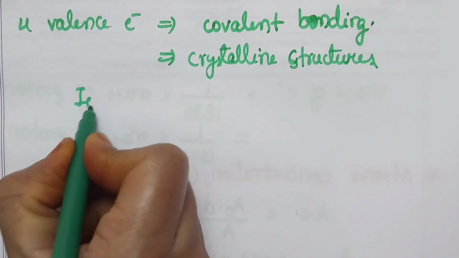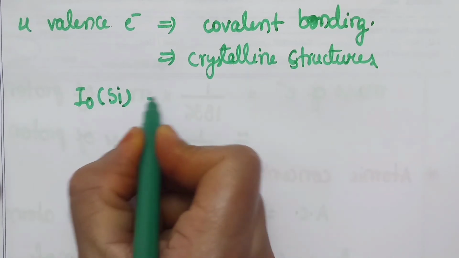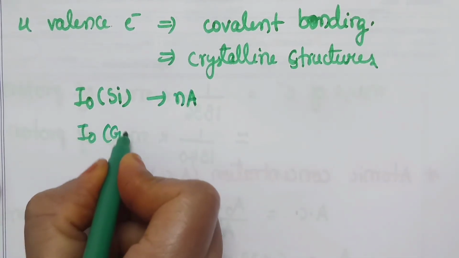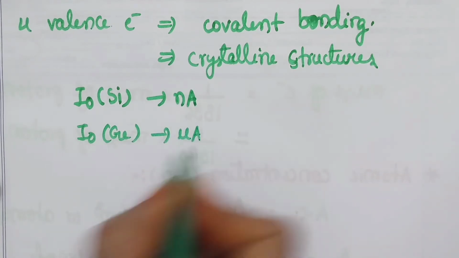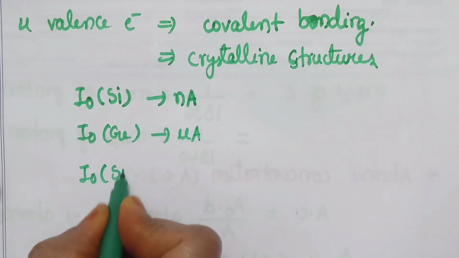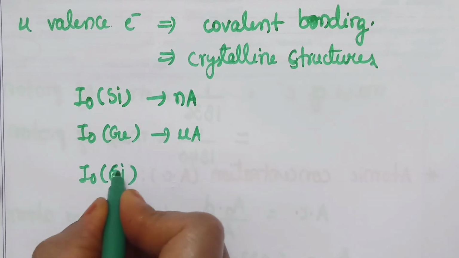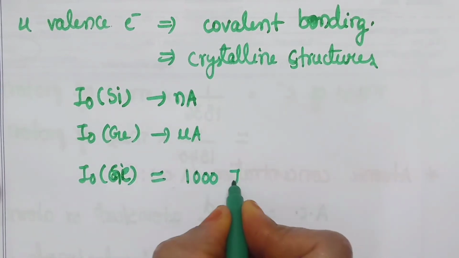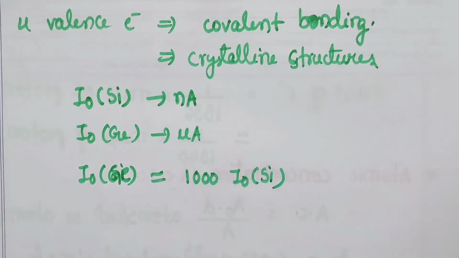The leakage current of silicon, I naught of Si, is in nanoamps, whereas for germanium its value is in microamps. So we can say that the leakage current of germanium is approximately 1000 times that of silicon. So germanium has very large leakage current, which is the major disadvantage of germanium.